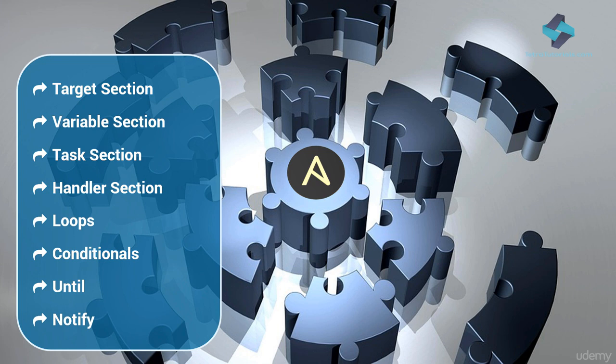In the previous module, you have gone through the target, variable, and task section, and you also saw how to create a playbook using these and how to run that playbook. In continuation, in this module, now you are going to look at some more complex playbooks. We will try to use all these components and write a playbook which will be a more complex version, and it will also include roles.